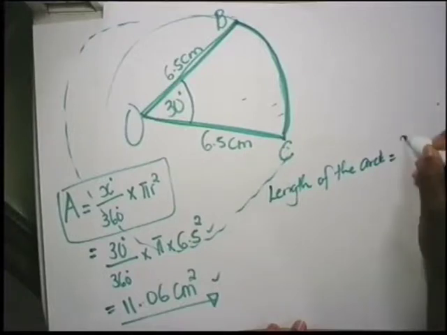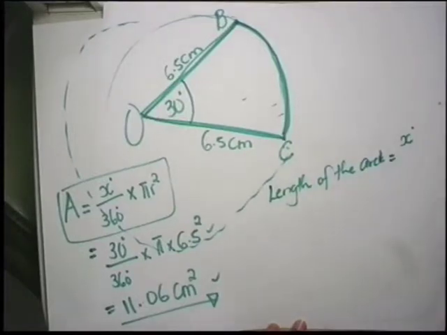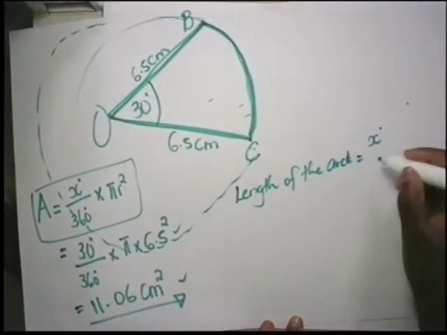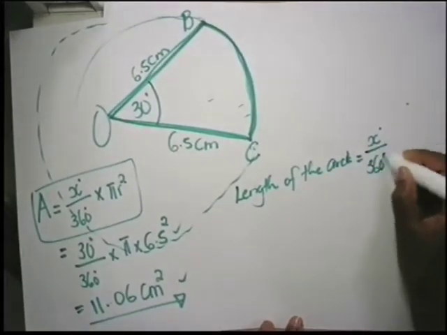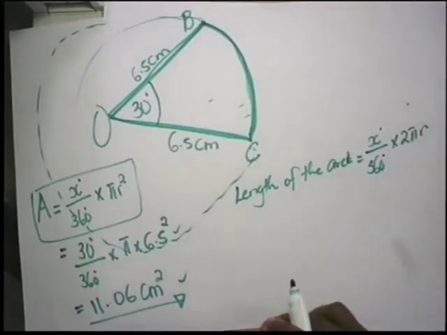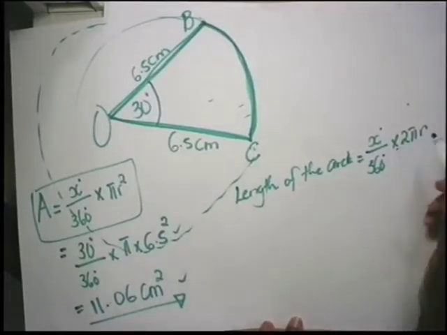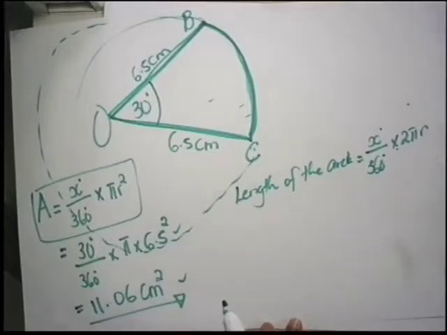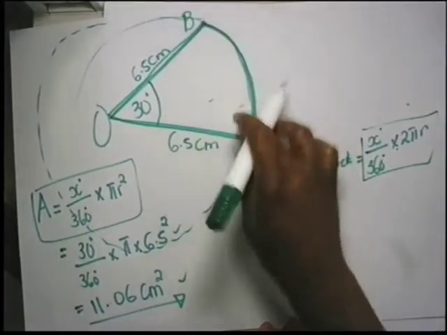We take x representing the angle that is given, then you divide it with the total angle 360 degrees times 2 pi r, okay, 2 times the pi times the radius. This is the formula. If you don't know this formula, you won't be able to work out this part.